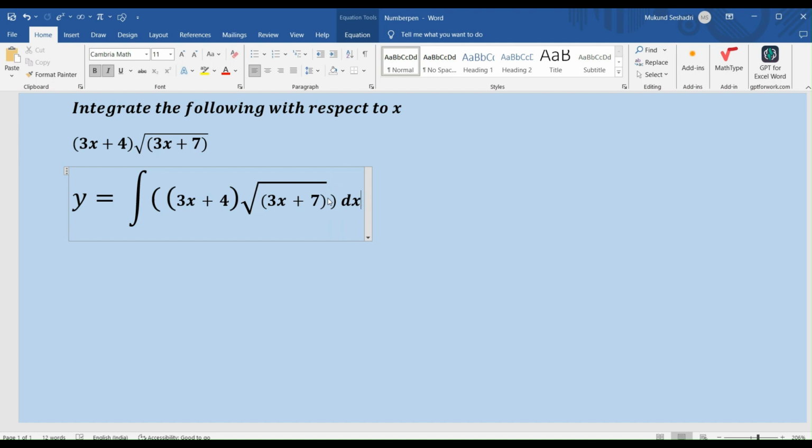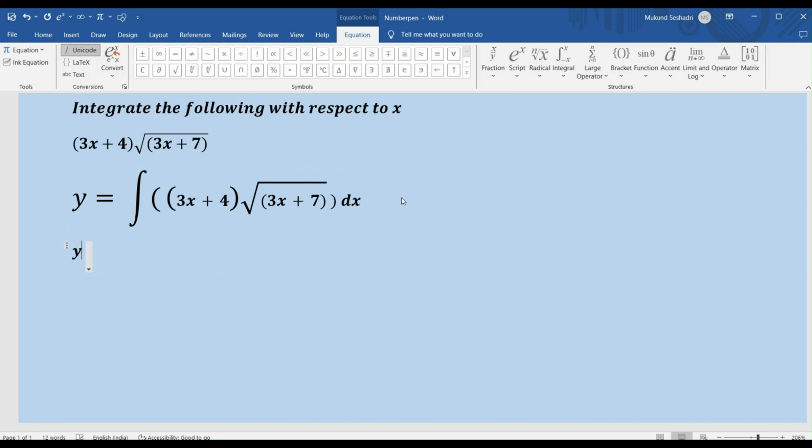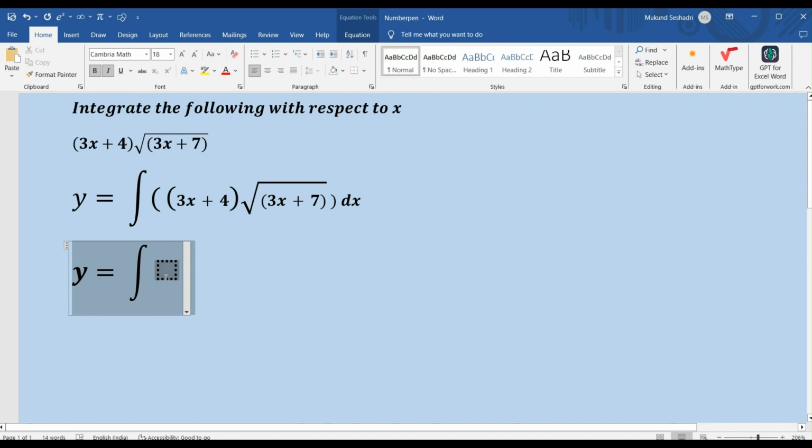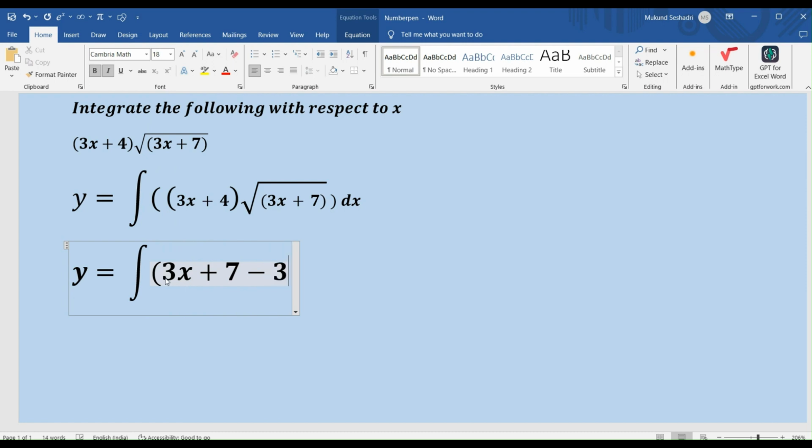So how do we do that? I have a 3x plus 4 and then I have a 3x plus 7 inside the square root, right? So I'm trying to draw a relation between 3x plus 4 and 3x plus 7. And how do we do that? I can rewrite my y as, I can write my 3x plus 4 as 3x plus 7 minus 3, right?